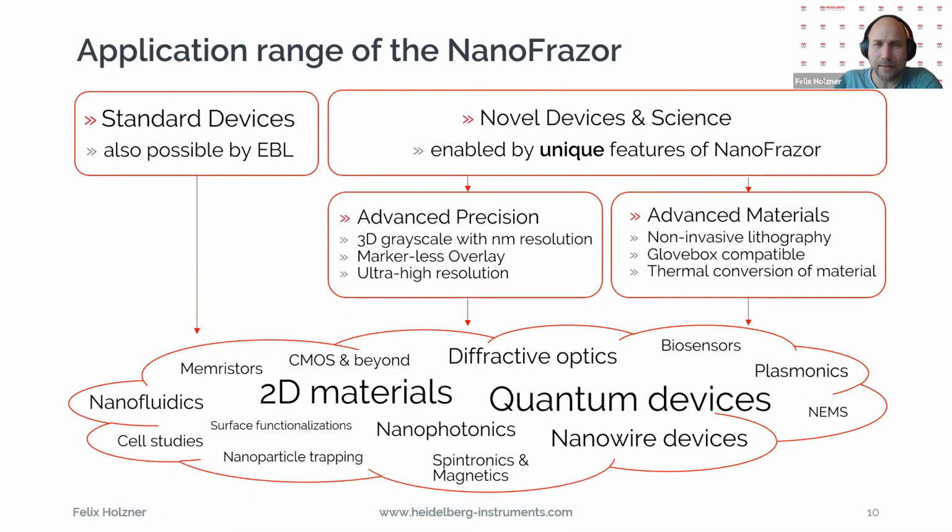On the other side, a lot of our customers also work with new or sensitive materials, which might be damaged or not work at all if you try to fabricate or shape them using conventional nanolithography methods.